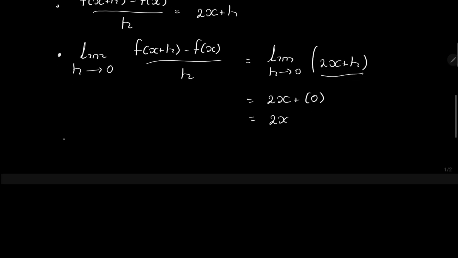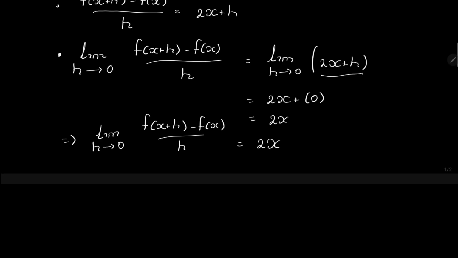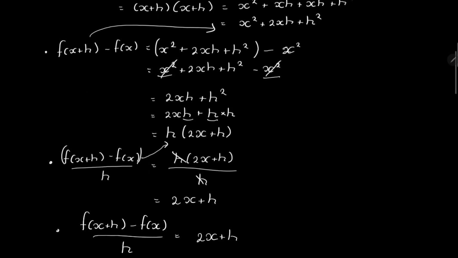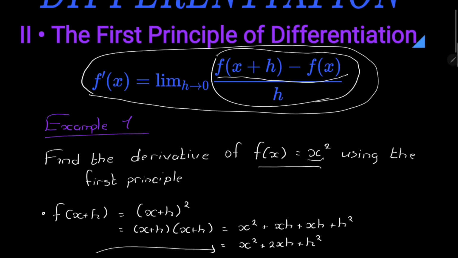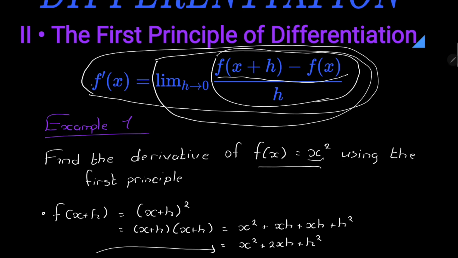So what does that tell us? This implies that the limit as h tends to 0 of f of x plus h minus f of x all over h is equal to 2x. But when we recall from our formula above, we notice that all of this is the same thing as the derivative of f of x, which is known as f prime of x.